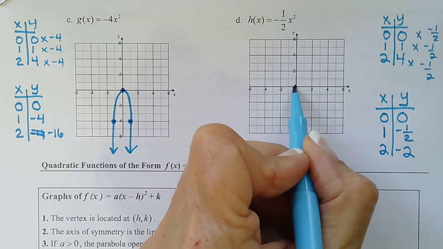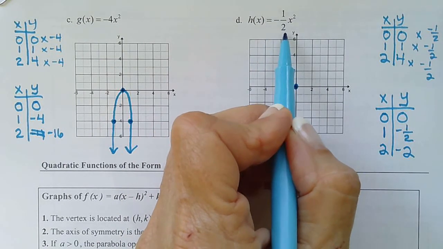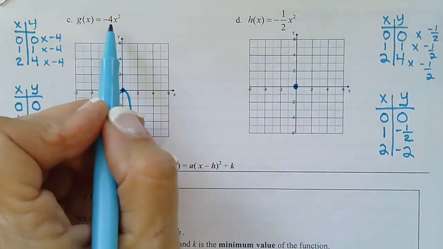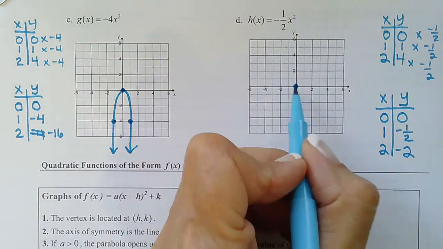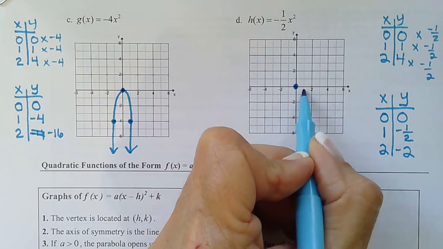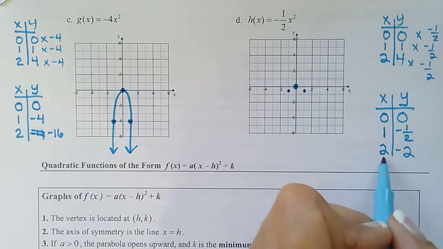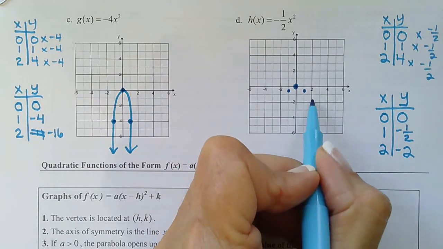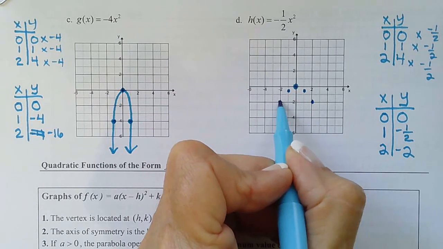So we put our 0, 0 in. We know the parabola's cupping downward. We know it's going to be wider from the box on the other page, wider with fractions, steeper, thinner with whole numbers. And over 1, down a half, left 1, down a half, over 2, down 2, over 2, down 2, the other direction.